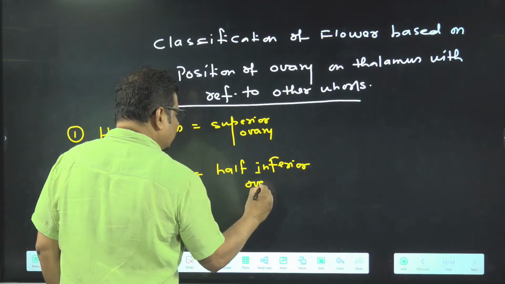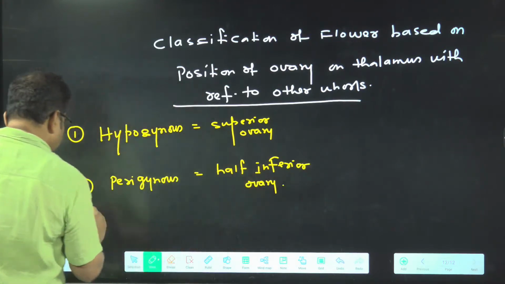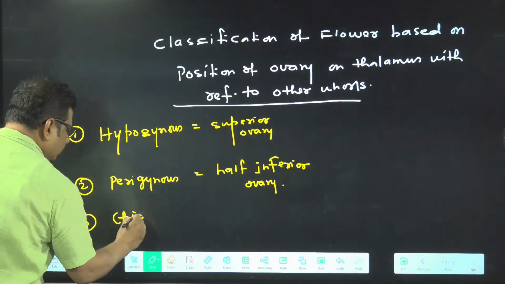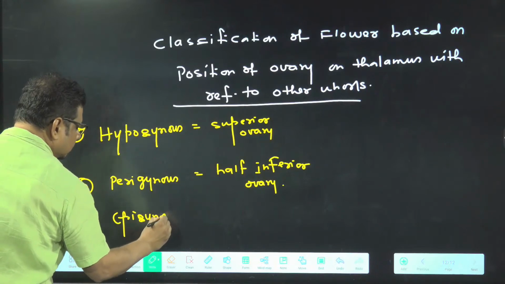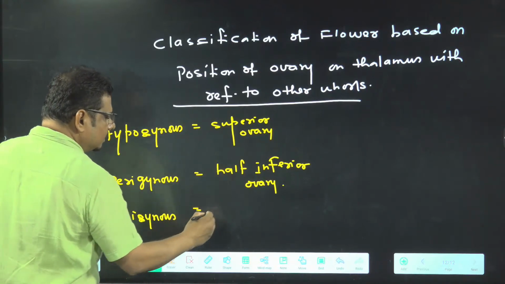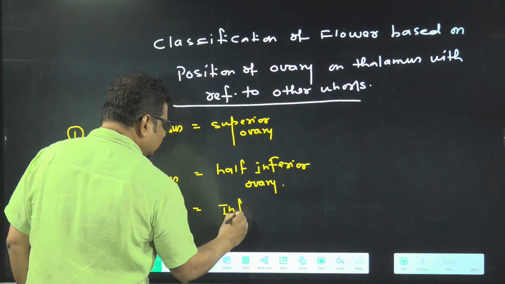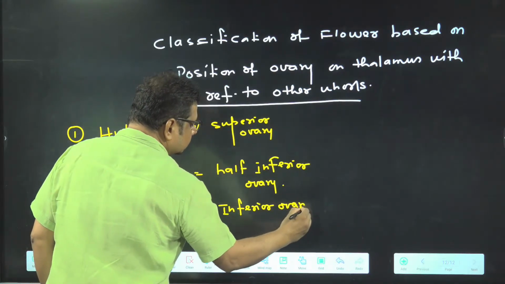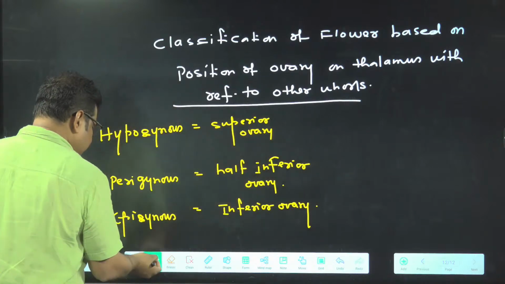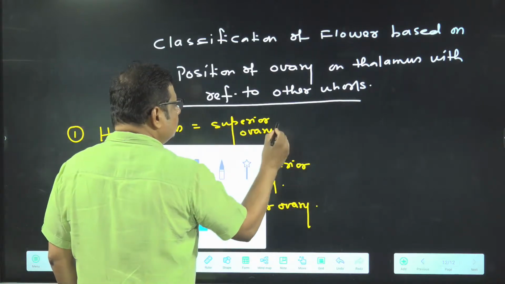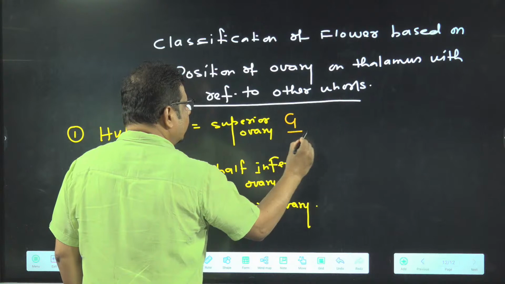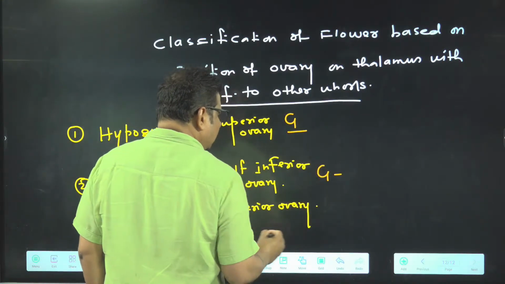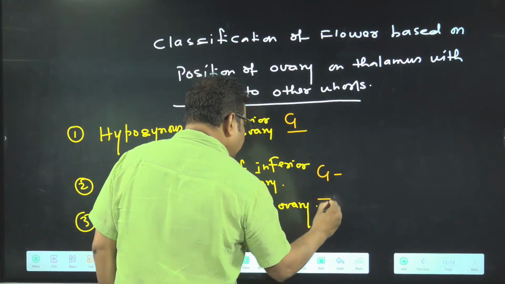And the third one is which one? Epigynous. What is present? Inferior ovary is present. How do you symbolize a superior ovary? Like this. Half inferior ovary? Like this. How do you symbolize an inferior ovary? Like this.